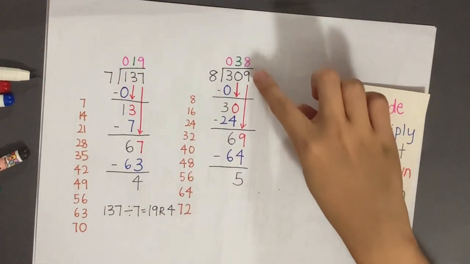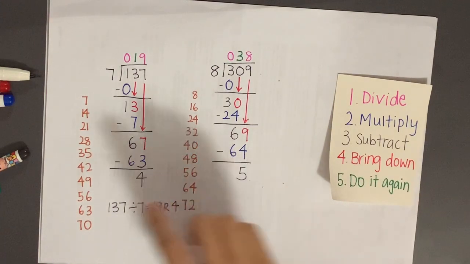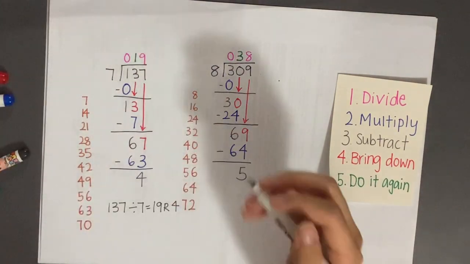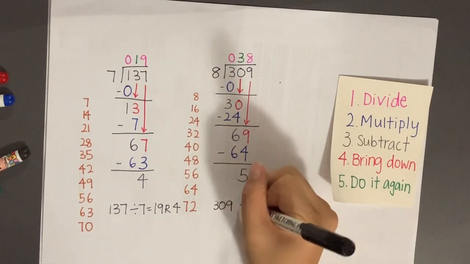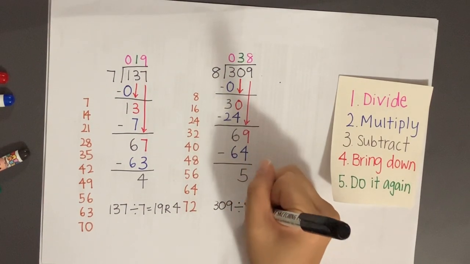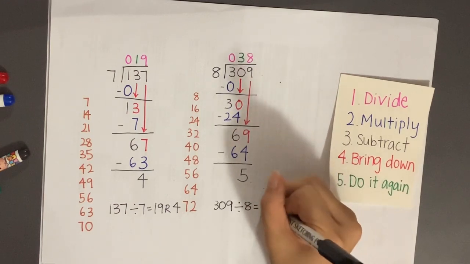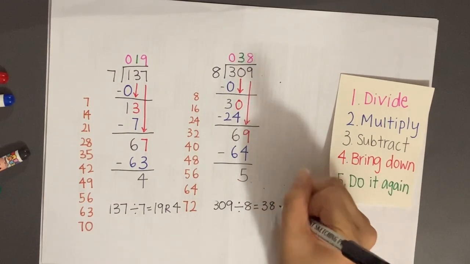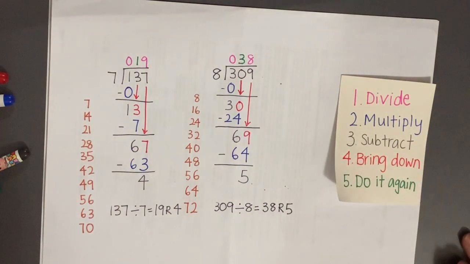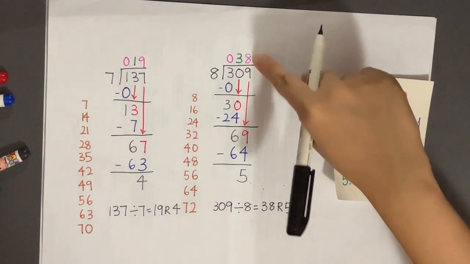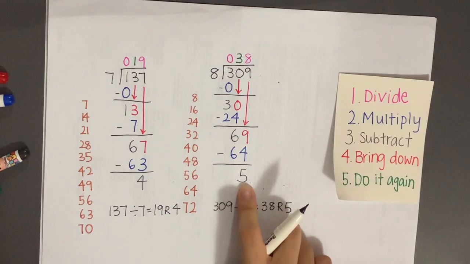No, because I'm already done with my ones column, which means that 309 divided by 8 is 38, remainder 5. 38 is my quotient, my remainder is 5.